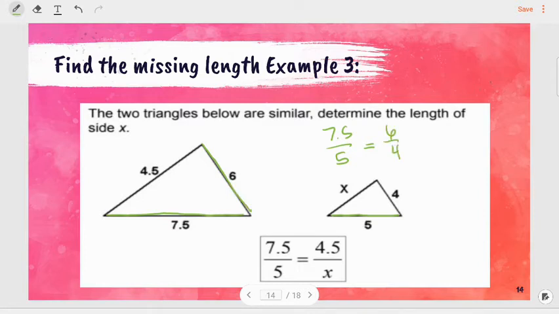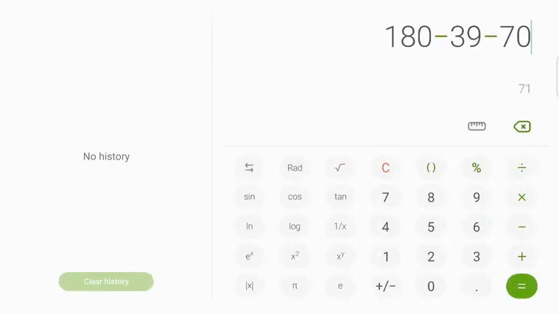Now, right now, they don't look the same. I can't tell if they're the same. So I am going to use my handy dandy calculator and simplify both of these sides and see if they end up equaling the same thing. So 7.5 divided by 5 is 1.5.